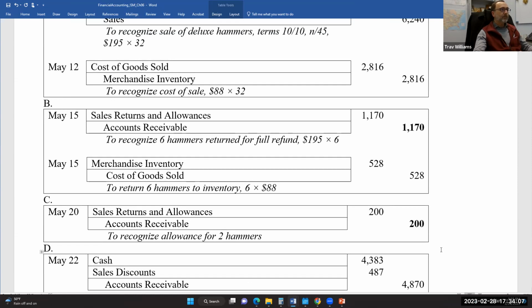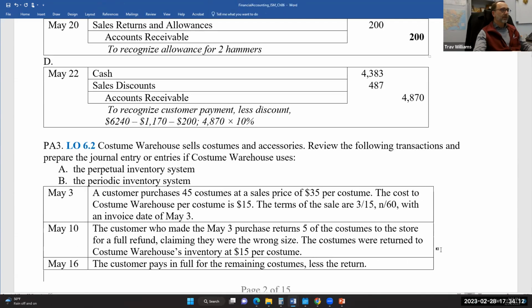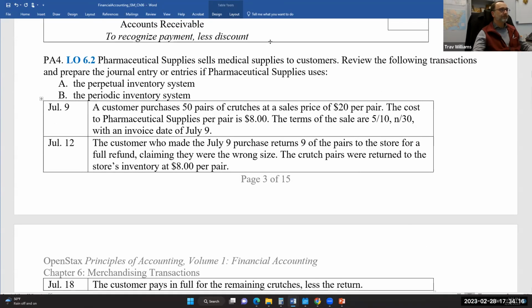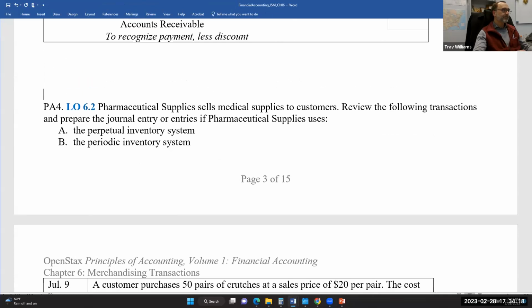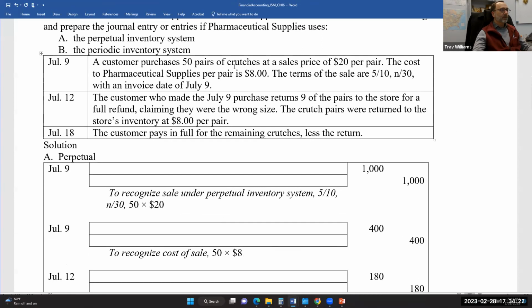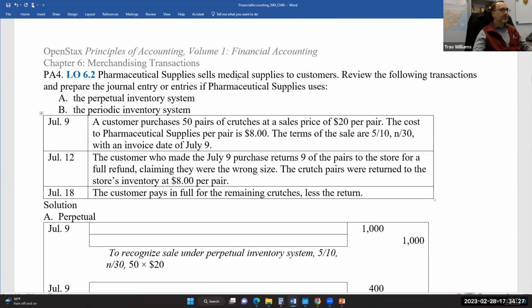So I think next is number 4. Okay, and then 9 and 11. So here's number 4. Okay. Let's see.